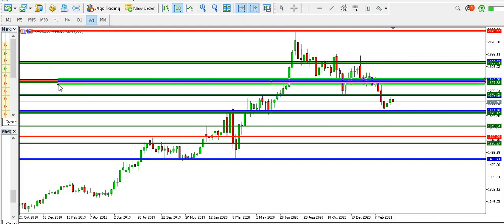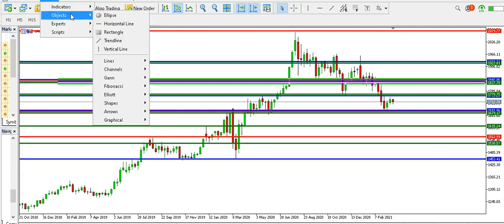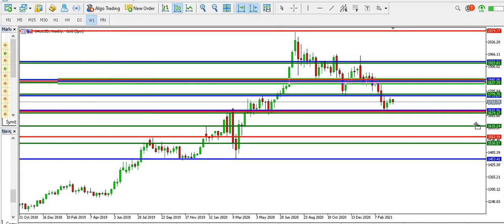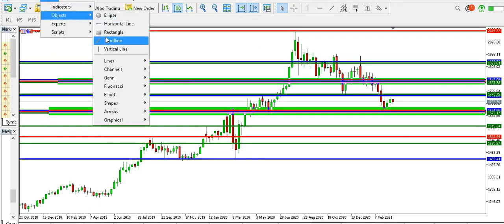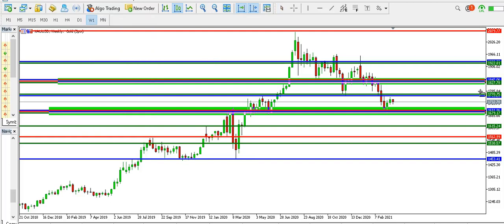This is a very important level. This is also another important level where we have multiple Fibonacci levels. This level is also important, but not as important as the other two.